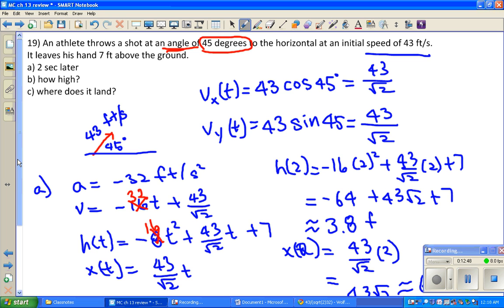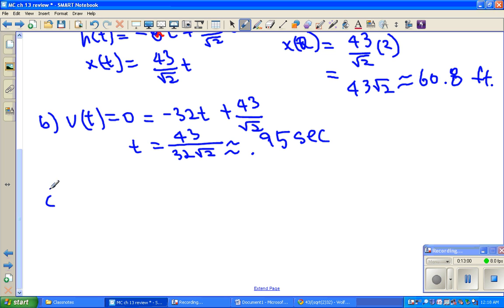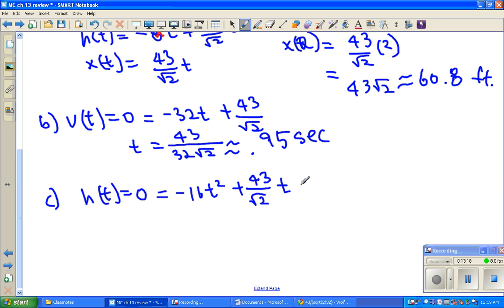C is where does it land? Where it lands is basically based upon when the height is equal to 0. So that portion, C, when is the height equal to 0? Now that means we have negative 16 t squared plus 43 over radical 2 t, and then the last one was plus 7.